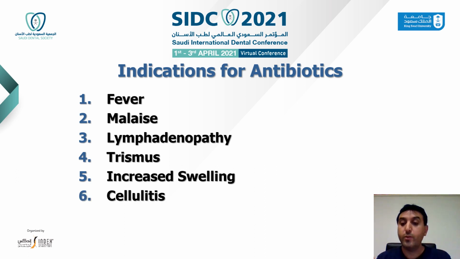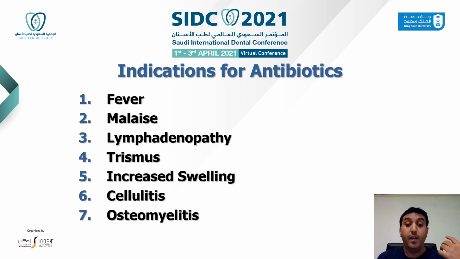All of these indicate a break in the immune system. It's not a pulpitis, it's not a pain. It's because of swelling that starts to progress in the patient's body, with fever, malaise and lymph nodes. Then we might have trismus because of the swelling and its pressure on the muscles, and increased swelling that might lead to cellulitis.